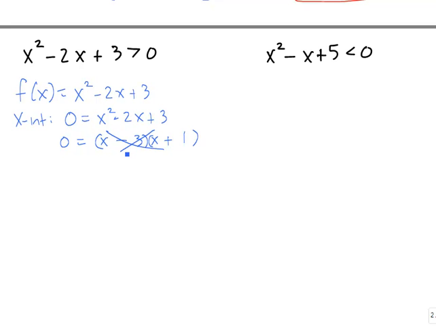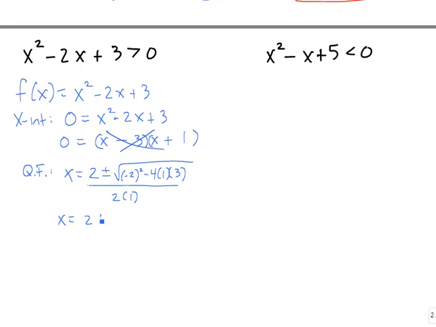So this actually doesn't factor. So remember what you do if it doesn't factor. You have to use the quadratic formula. So that's what we're going to use. So x equals minus b. Here your b is negative 2, so that becomes positive 2, plus or minus the square root of b squared, so negative 2 quantity squared, minus 4 times a, which is 1, times c, which is 3, all over 2 times a.